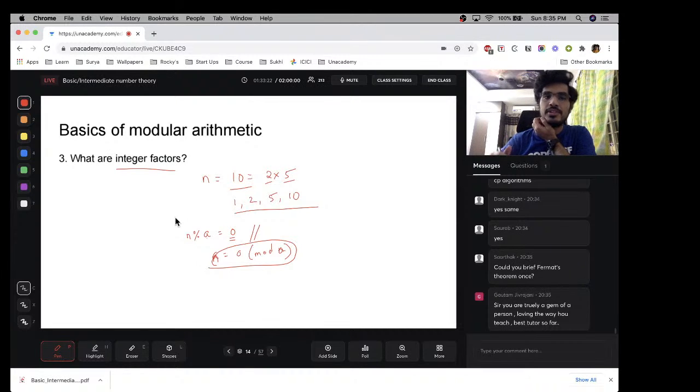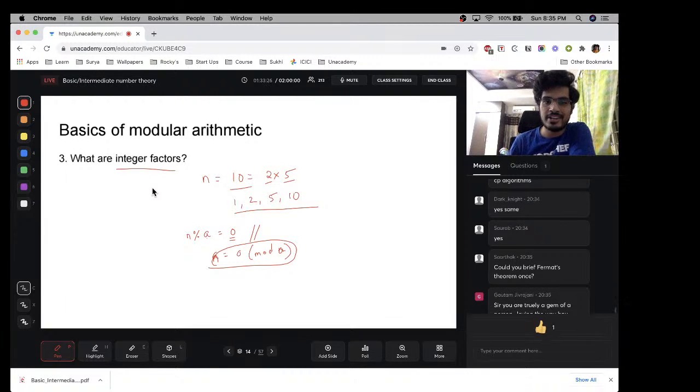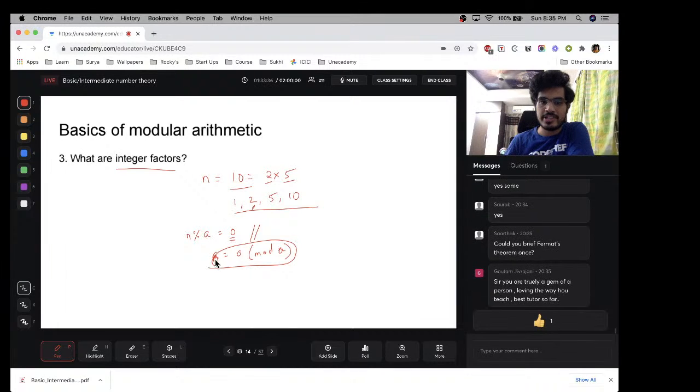We also learned what the integer factors are. The integer factors are just the divisors, the numbers which divide n, whose multiple is n. We also wrote the representation as n equal to 0 mod a. If we divide n by a, the remainder is 0.